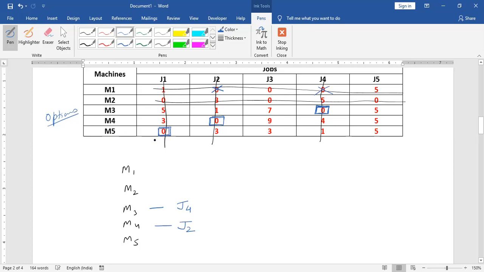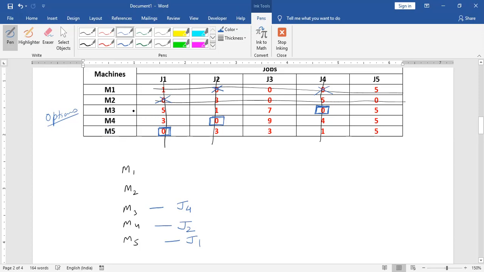That means we are going to give job 1 to M5. If J1 goes to M5, that means J1 is not going to be allotted to M2. That is why cross it. Or a simple method: if I allot J1 to M5, I will see the corresponding row and column, and the rest of the zeros I will cut.